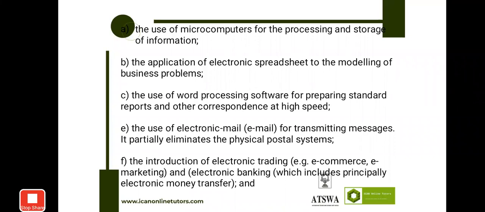If you are conversant with the computer, we have what we call Microsoft Word. So we use Word to prepare reports and other correspondence at high speed. Instead of writing the report, we make use of the word processing software. This makes information processing and information retention faster, easier, and more accurate.